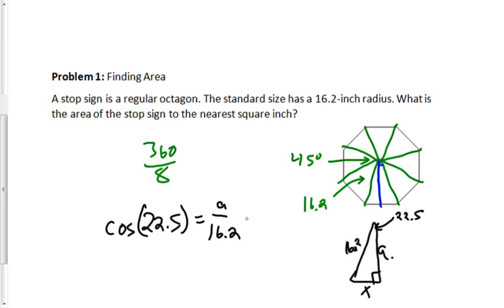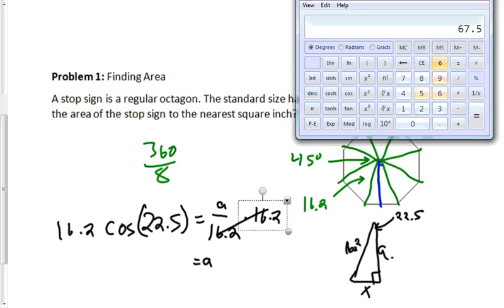So a is going to be equal to, multiplying by 16.2 on both sides, 16.2 times the cosine of 22.5.